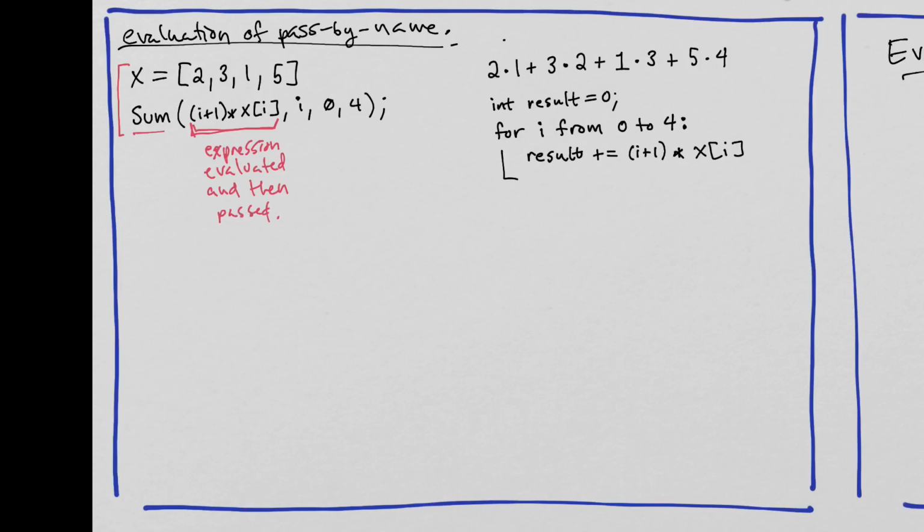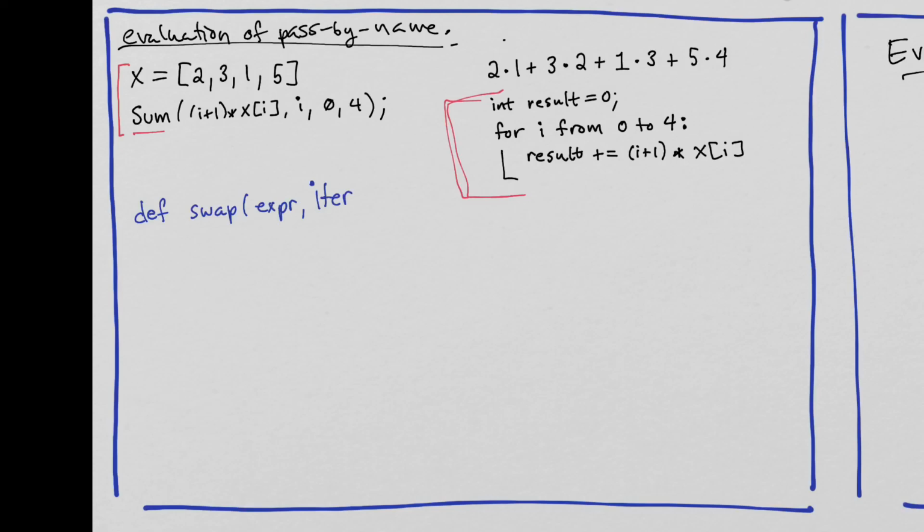But now let's look at what happens when we use pass by name. In pass by name, I can essentially use exactly this code over here. So let me write the code for you. We're going to define a sum function that takes in an expression and, let's call it iter for an iterator name, and then a start and an end.